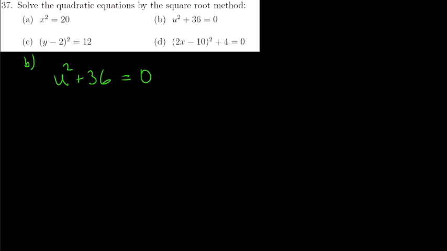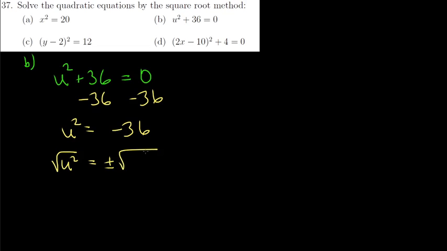Okay, so for 37, I mean, part A, you can do that. That should be easy. Part B, it's only a little bit trickier, because we have to subtract 36 from both sides. Right? So u squared is equal to negative 36. And then, because it's the square root method, we'll just take the square root of both sides.